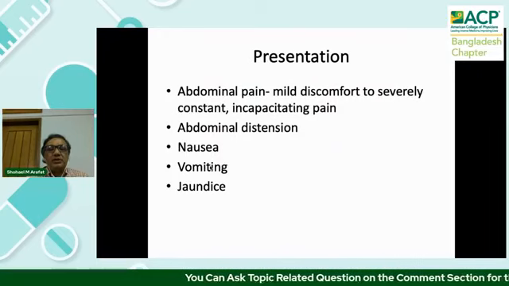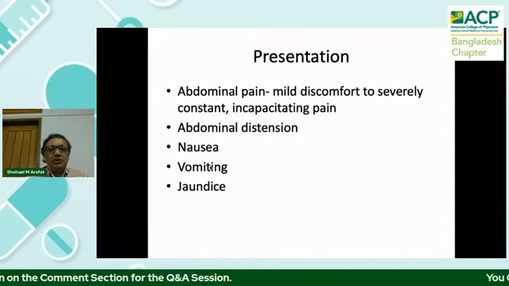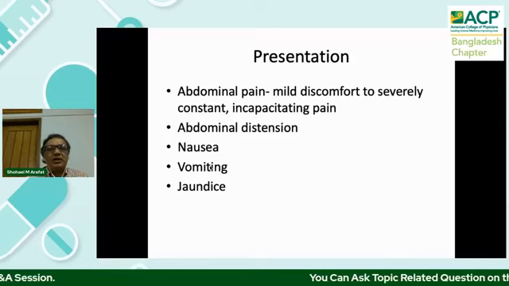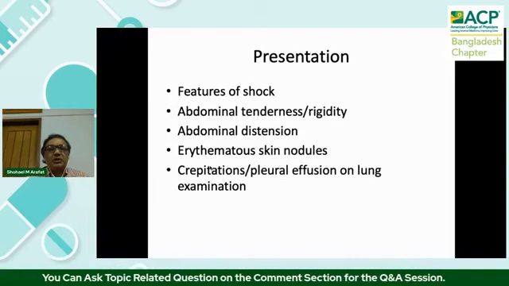In some cases we see abdominal distension, some sort of ileus development or something like that. There may be nausea, vomiting, and even jaundice is not uncommon when pancreatitis affects the head of the pancreas, causing obstruction of the biliary channels, leading to jaundice.